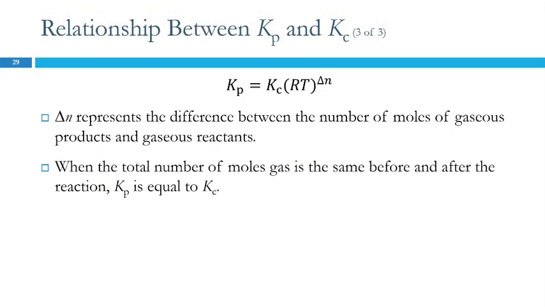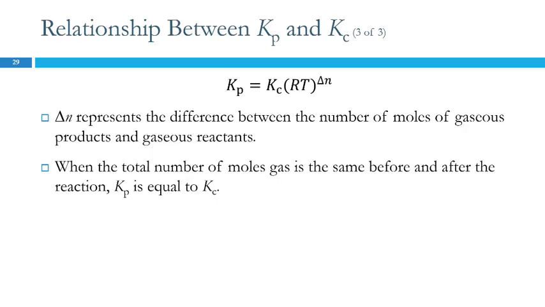That's kind of a mess, huh? So there's the pretty one. Delta N is the difference between the number of moles of gaseous products and gaseous reactants. If the total number of moles of gas that you start with and end with is the same, then Kp is equal to Kc.